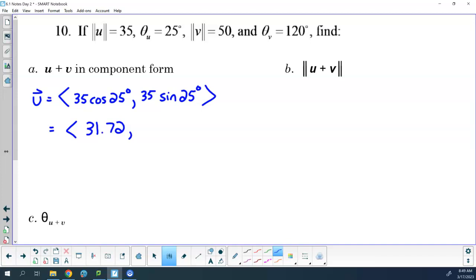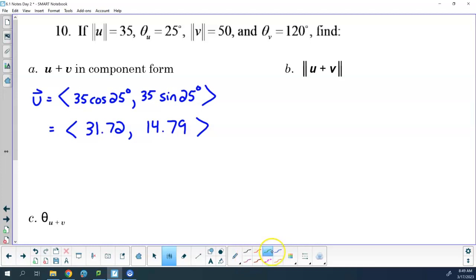Sine of 25, we'll call it 14.79. Agree on both of those? Awesome.